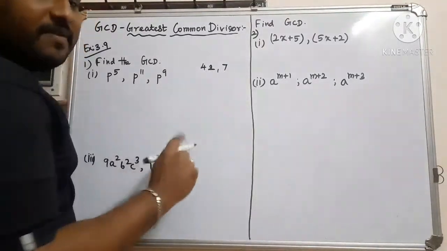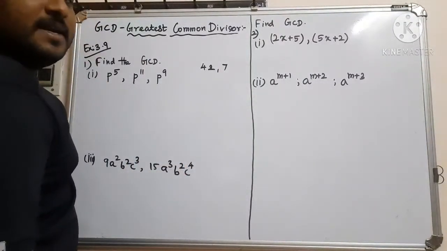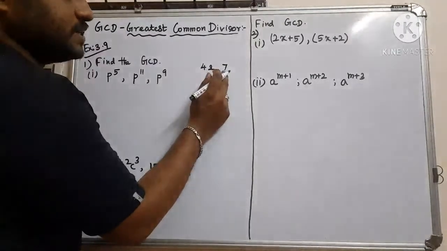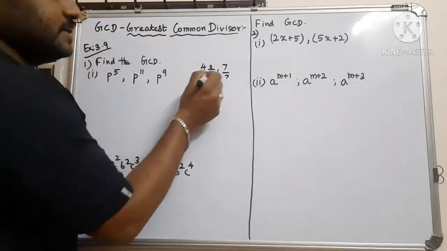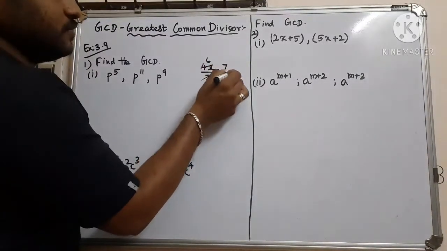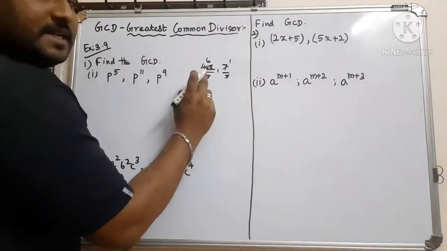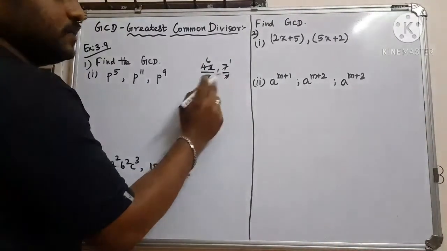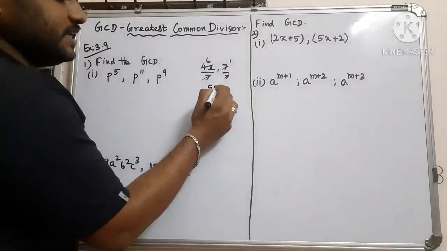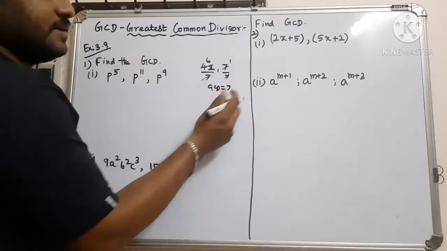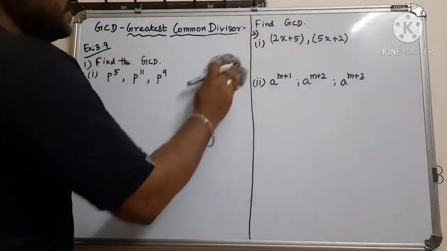Here 7 we can divide by 7, and 42 also we can divide by 7. 1 7s are 7, 6 7s are 42. So the greatest number is 7. Only 7 divides both numbers, therefore GCD is 7. Like that we are going to do in polynomials.